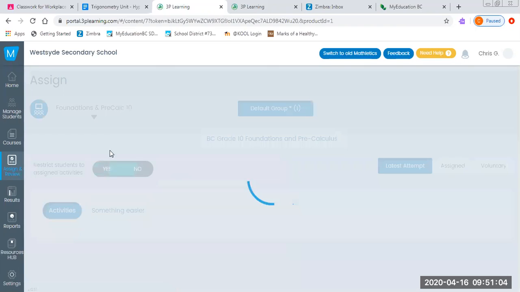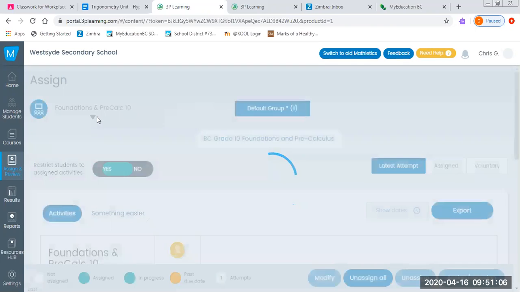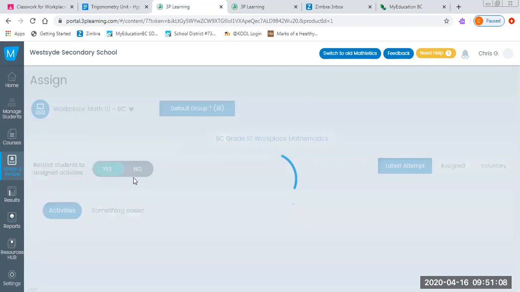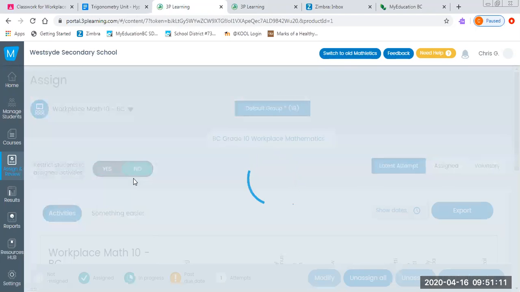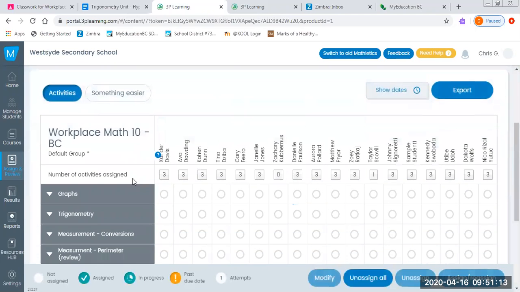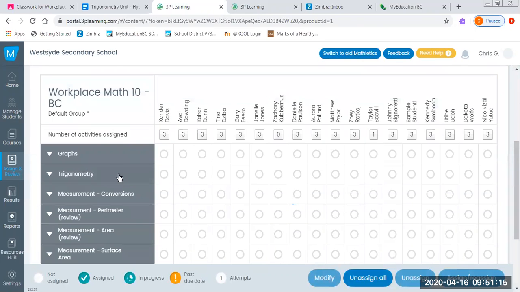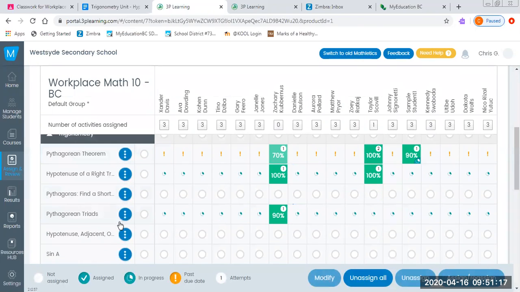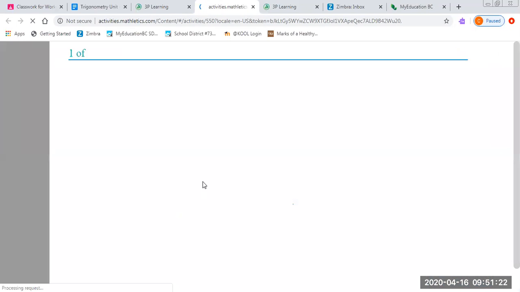It's basically asking you to figure out where the hypotenuse, the opposite, or the adjacent sides are.